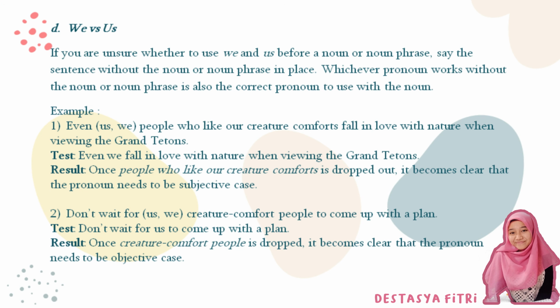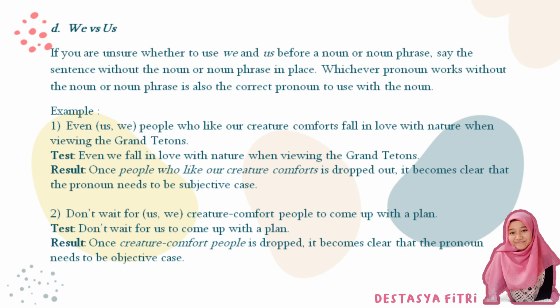D. We versus us. If you are unsure whether to use we or us before a noun or noun phrase, say the sentence without the noun or noun phrase in place. Whichever pronoun works without the noun or noun phrase is also the correct pronoun to use with the noun.